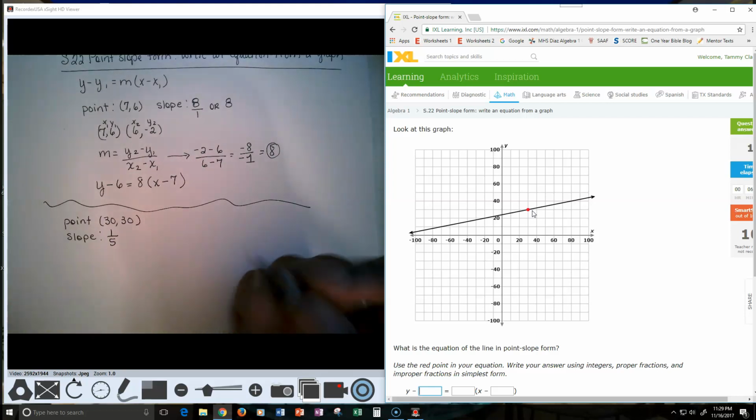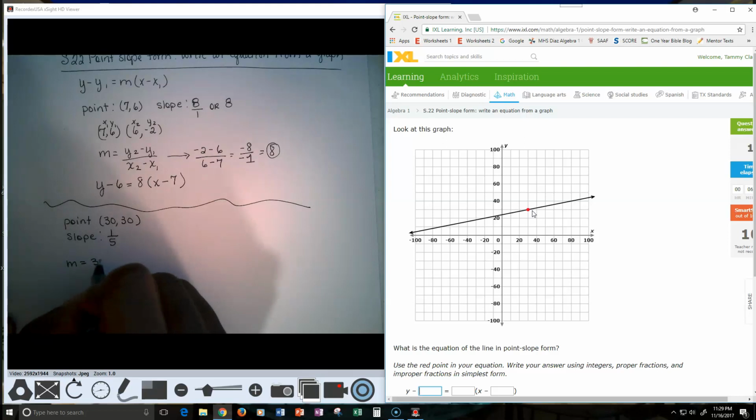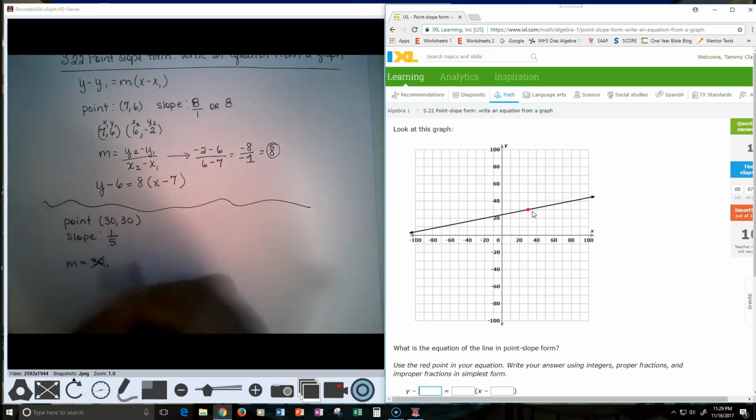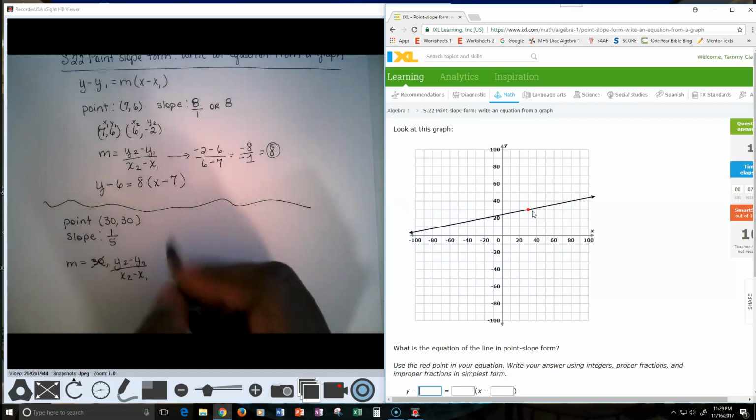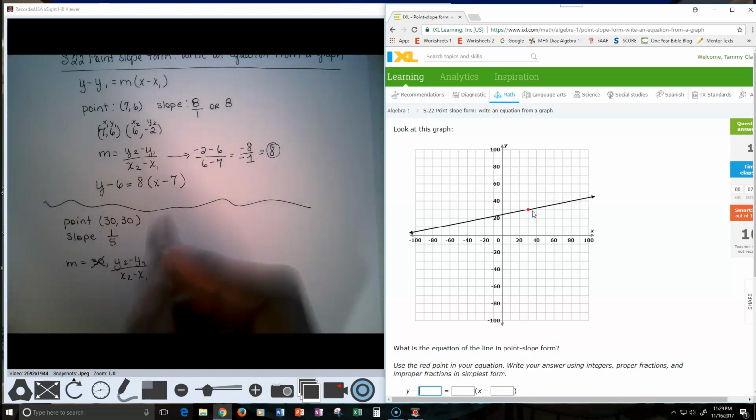However, I am going to verify by using the slope formula. Boy, it's late. I had to think about what I was writing. Slope is equal to y2 minus y1 over x2 minus x1. And so I need another point besides 30, 30.